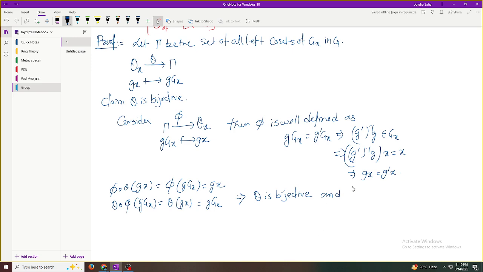Theta is bijective, and what is the cardinal number of Ox equals to the index, that is equals to actually the cardinal number of gamma. Okay.